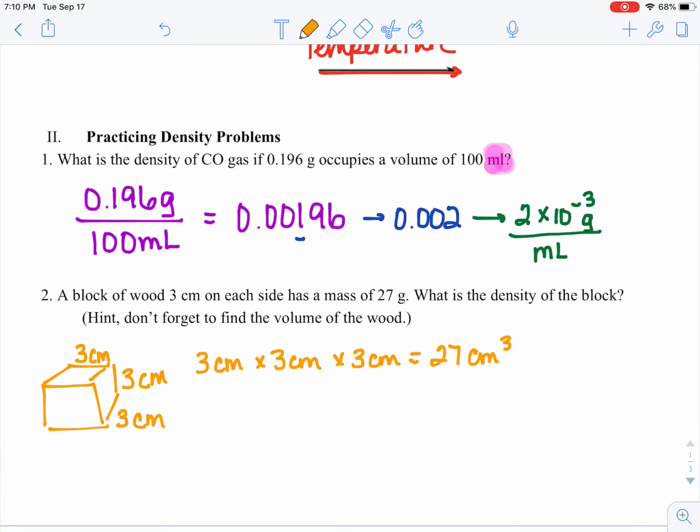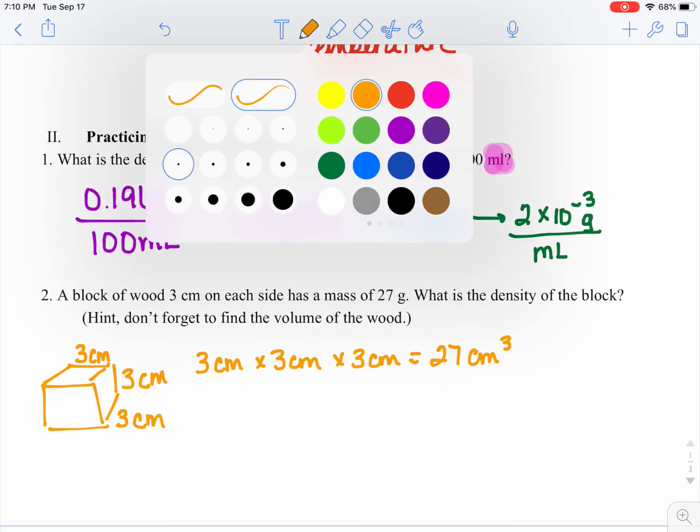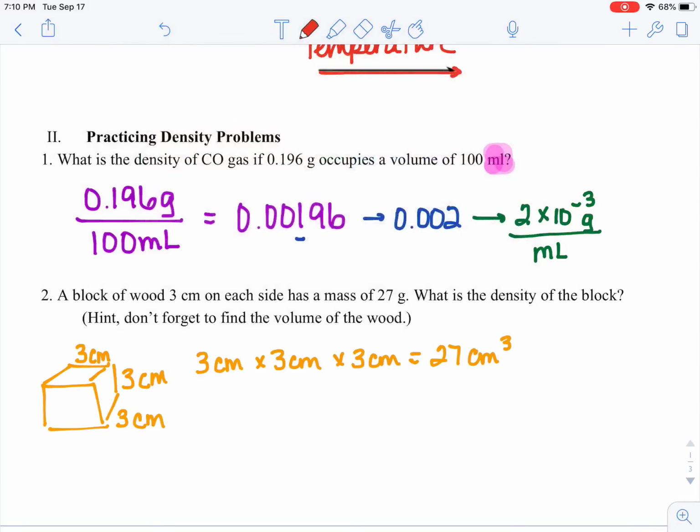And if we really wanted to convert this to significant figures, 3 centimeters, 3 centimeters, and 3 centimeters means that I need to round my answer to 30 centimeters cubed, representing the appropriate number of significant figures.